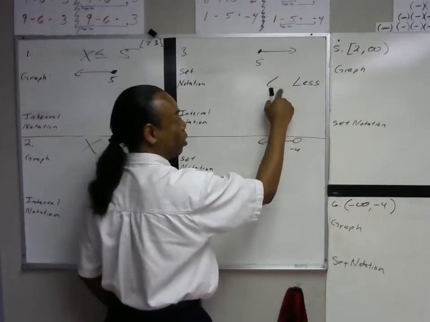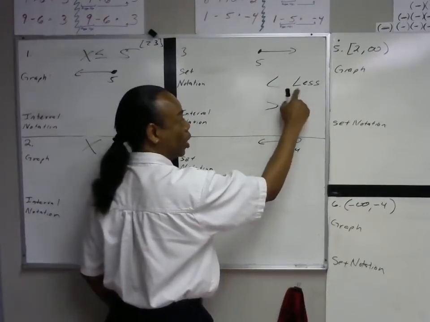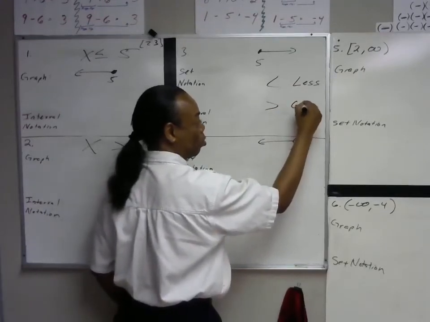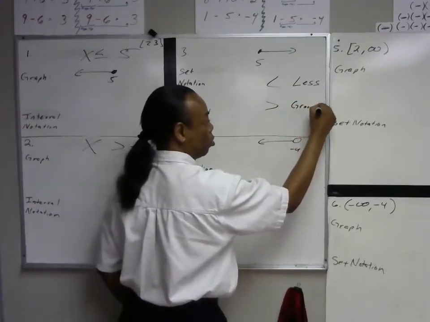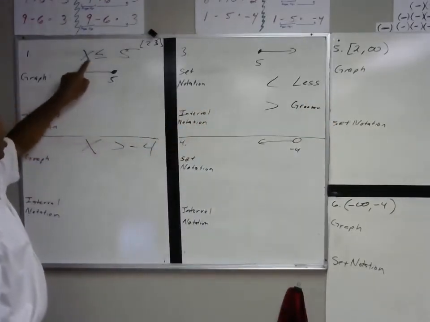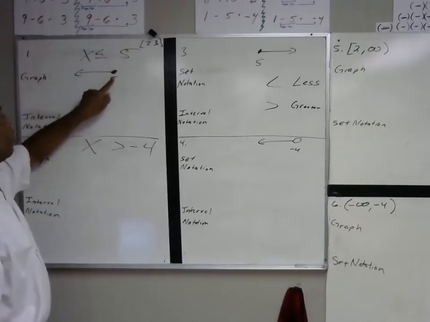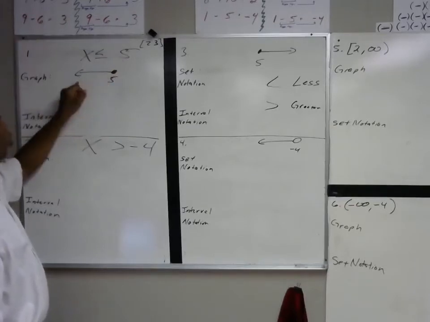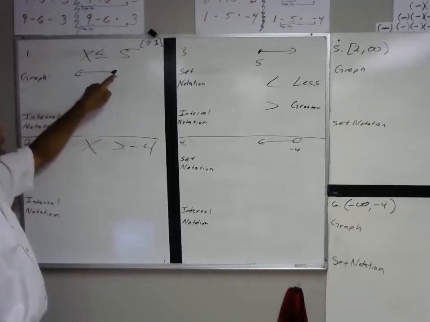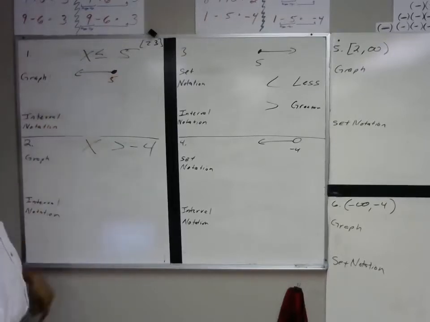So whenever you see this shape right here, it looks like an L, that's your less than. If it doesn't look like an L, it's the greater than. So this is a less than. So x is less than or equal to 5. The graph of that goes to the left from 5, and we color in the endpoint.